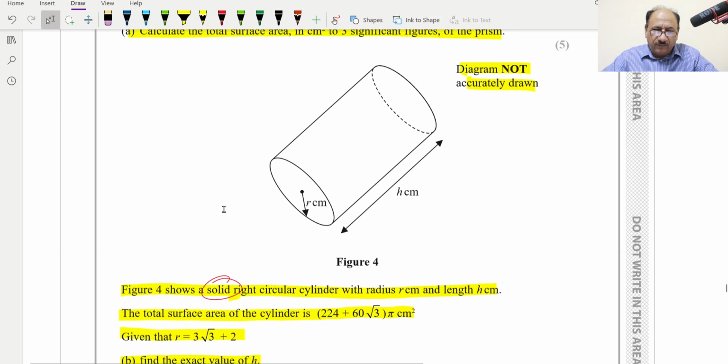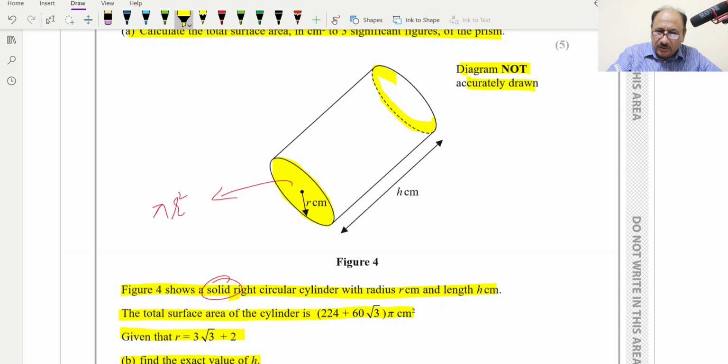In case of this cylinder, we know it is a solid cylinder, so a solid cylinder will be having sides also, because that is solid, it's not a hollow pipe. So keep in mind, we will be considering this side. This will be the circular side of this cylinder, and we will be taking this one as pi r squared, and similarly this side will also be pi r squared.